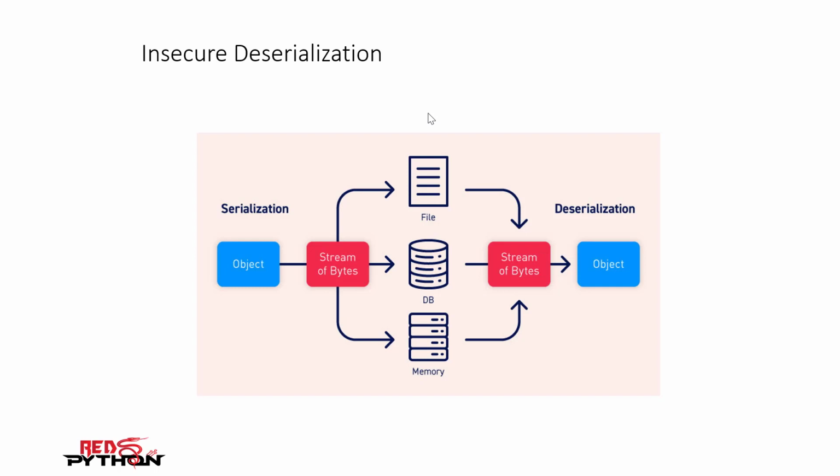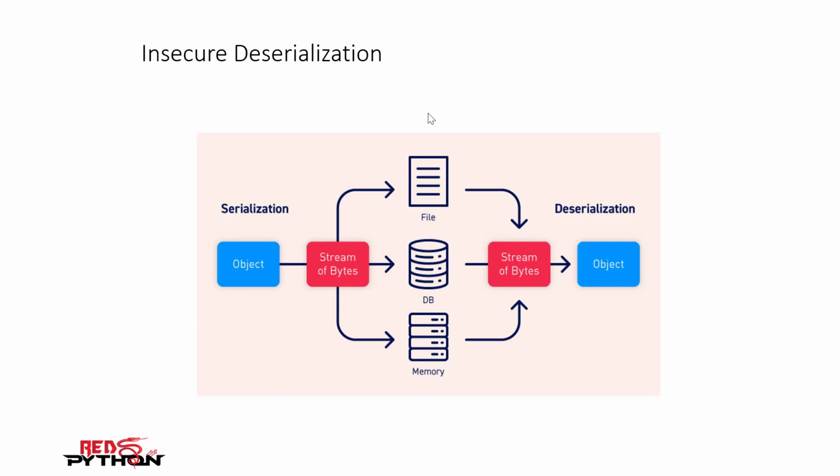As you can see, when changing the format from an object to a stream of bytes, if the operation is encrypted, the integrity of the stream of bytes is maintained. So when you're doing deserialization, if the stream of bytes is encrypted, the operation is mainly safe.